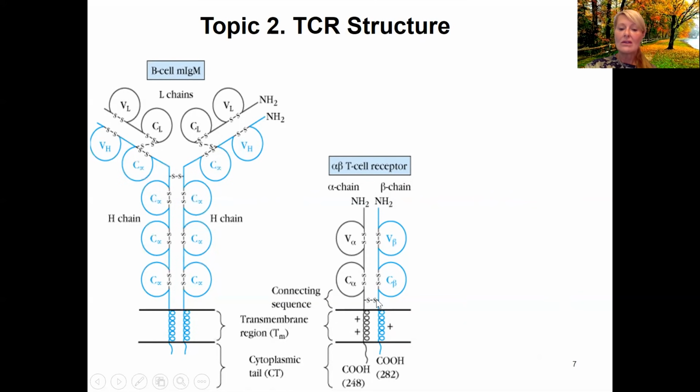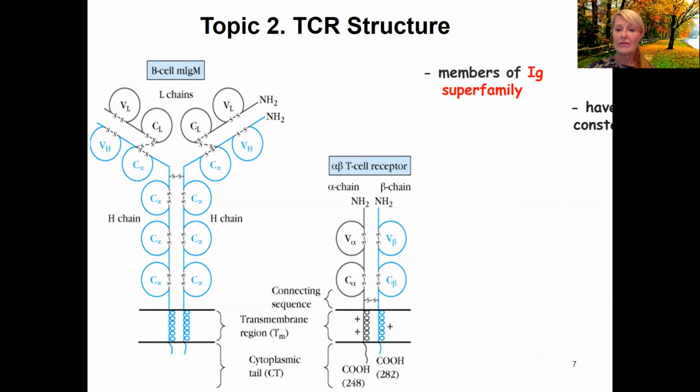You can see these are joined by disulfide bonds. You can see that there's a transmembrane region and that this piece right here is positively charged, and that will become important in a minute. And then you have your cytoplasmic tails. Cytoplasmic tails are pretty short here as well.